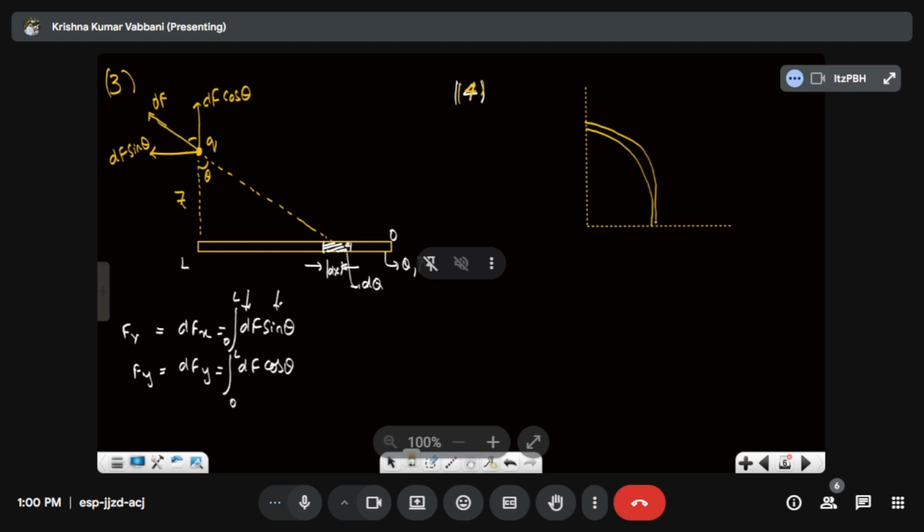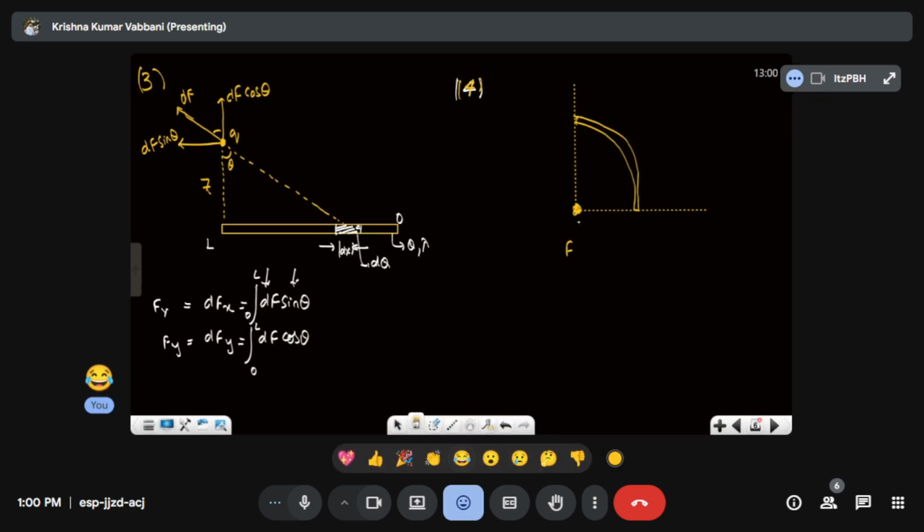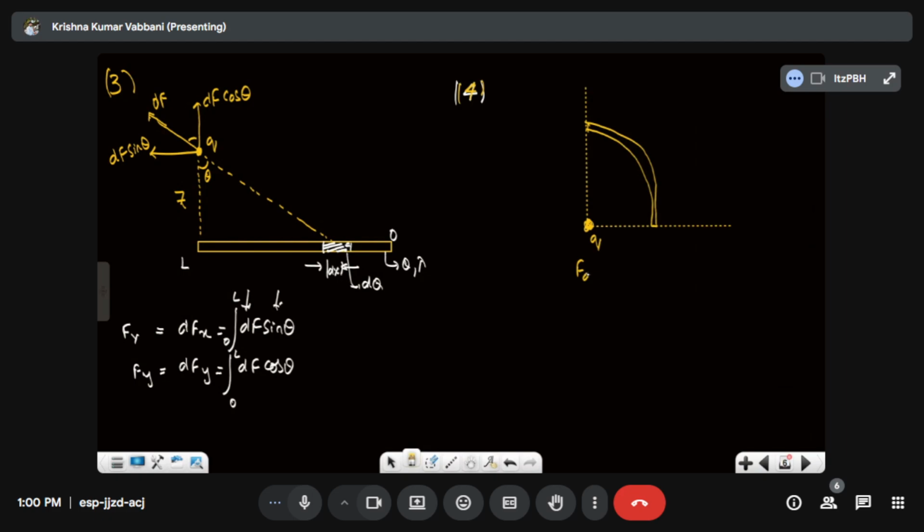Please find the force at this point. No need to derive, just give me what my Fx is, what my Fy is, and what the limits are here.